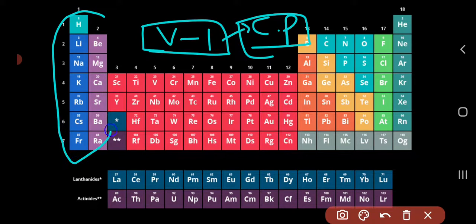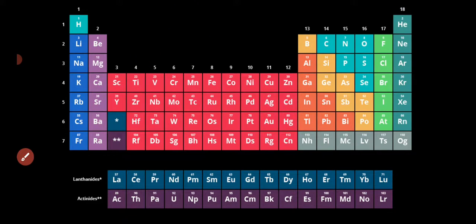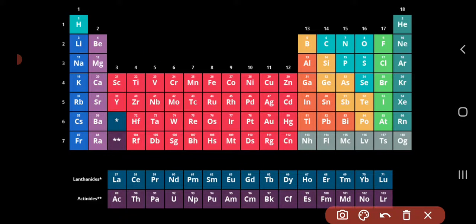All the elements belonging to the first A group are similar in properties because their valence electron configuration is the same. The general configuration of the 1A group is ns1. The 1A group is also known as the alkali metals.